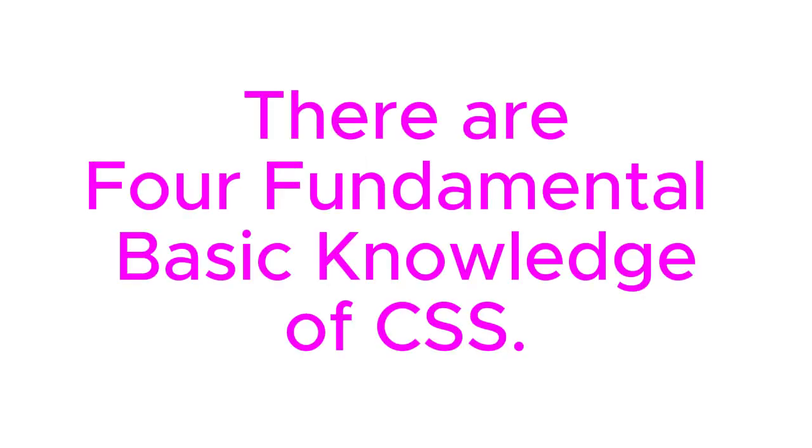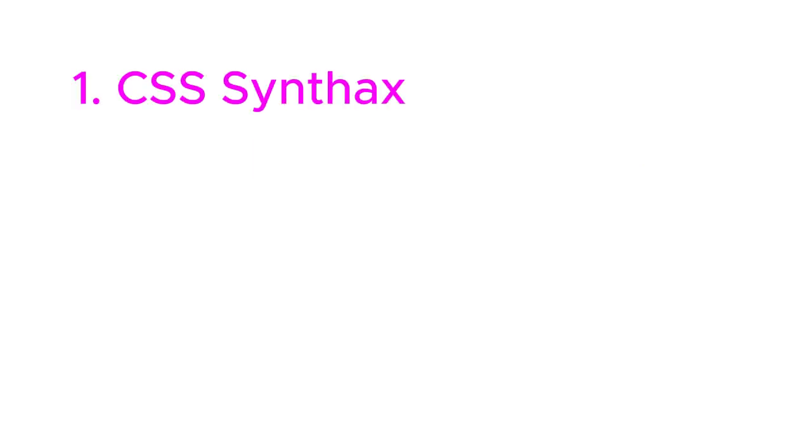Now, there are four basic categories, or subheadings, of CSS. These happen to be the basics that you need to know. The first one is the CSS syntax. We've talked about this before.